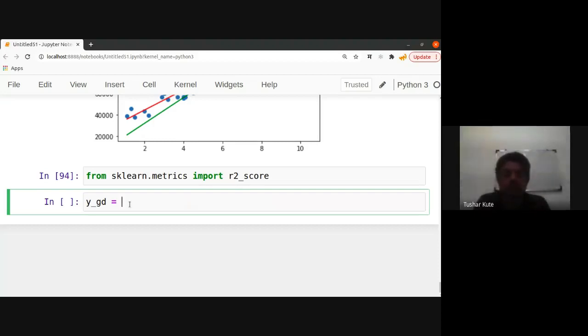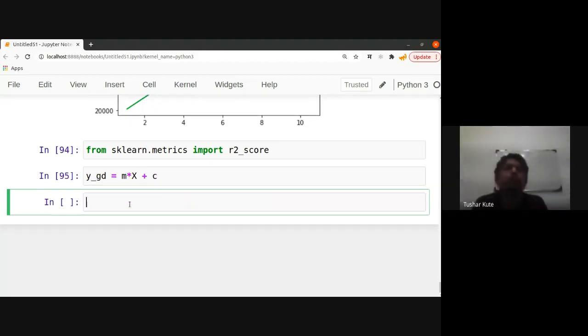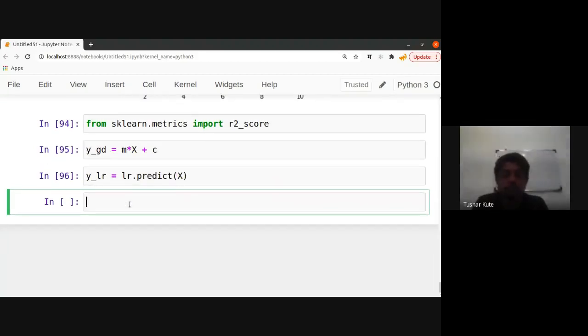is mx plus c. Okay, gradient descent mx plus c, and Y from LR is equal to LR dot predict X. So both values we got now, Y with gradient descent and Y with LR.